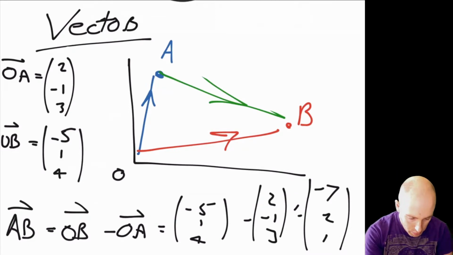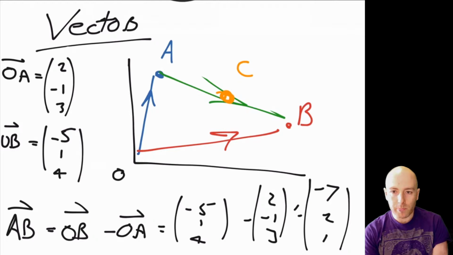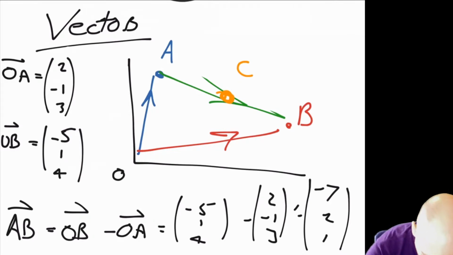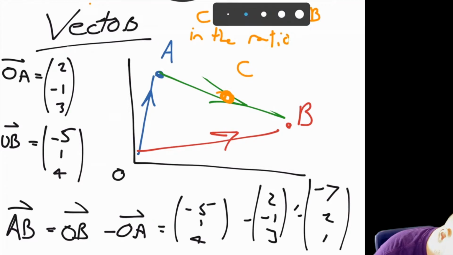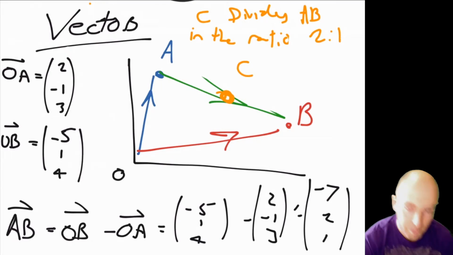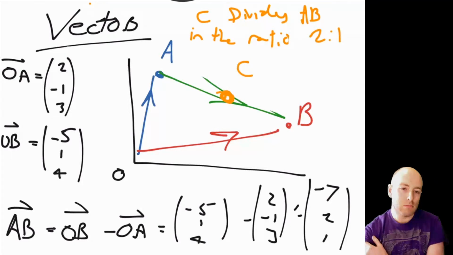Right, if I introduced another point, if I put point C in there, we could say, I don't know, C divides AB in the ratio 2:1, and we could use that to find out where C is.